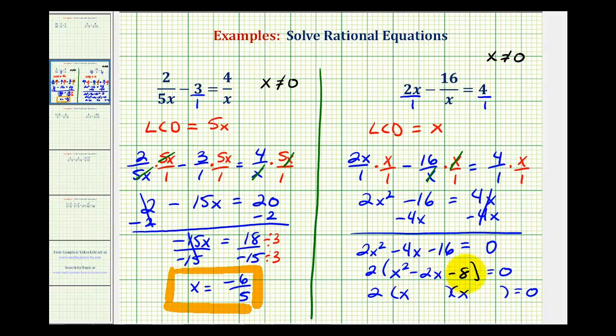The factors of negative 8 that add to negative 2 are negative 4 and positive 2. So this equation equals 0 when x equals 4 or x equals negative 2. And again, notice neither of these values would make the denominator equal to 0, and therefore we have two solutions.